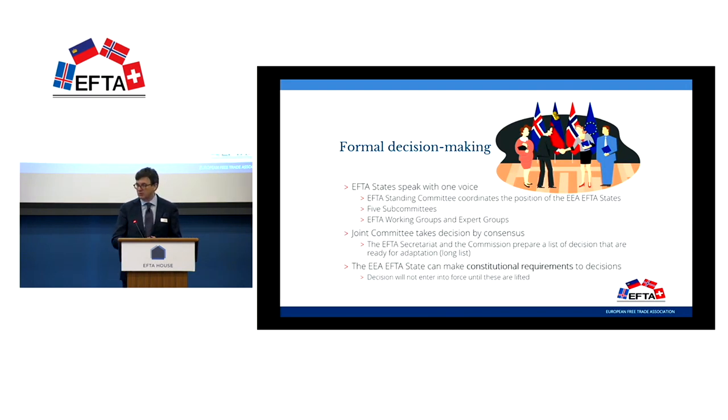This list is the so-called long list. We would sometimes like it to be longer than it can be, but it's usually quite substantive. This is essentially a mechanism to make sure that the Joint Committee is ready to adopt all the decisions that it can be ready to do at any given meeting.